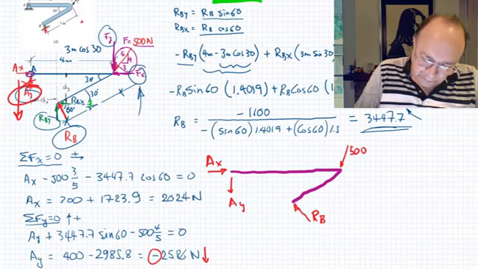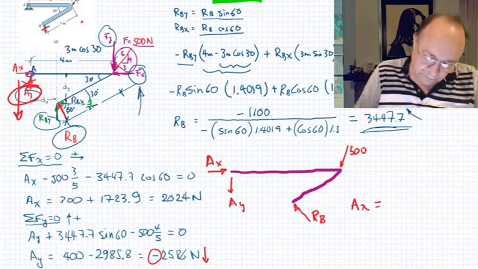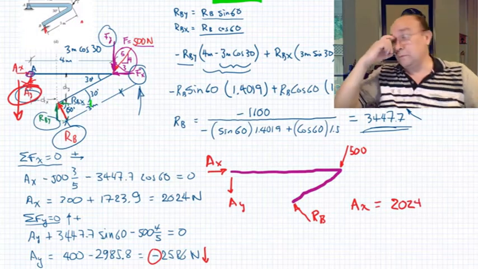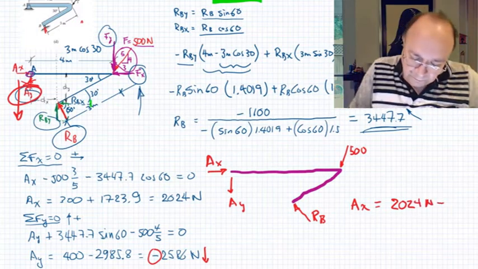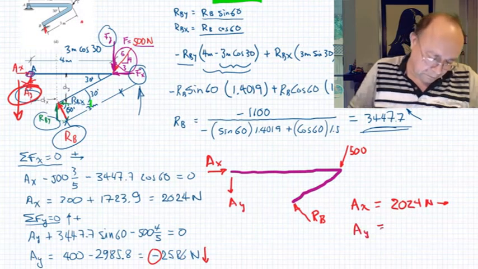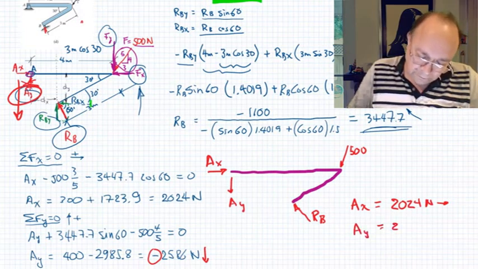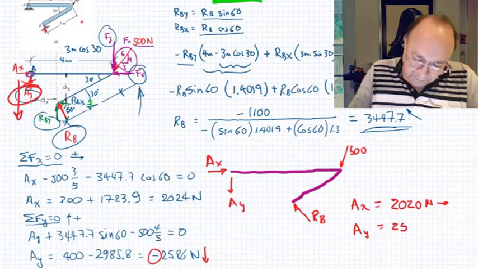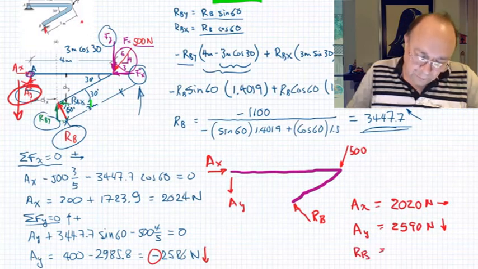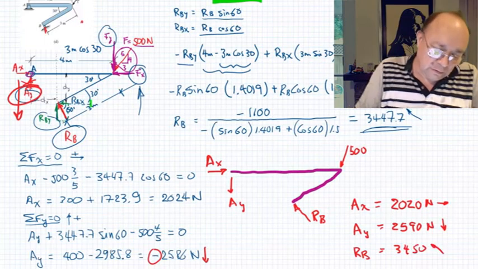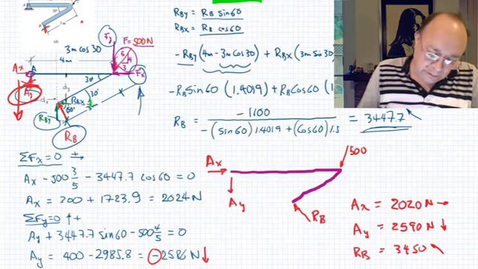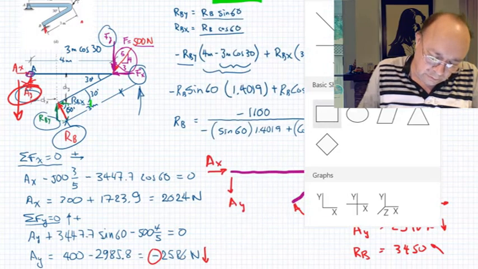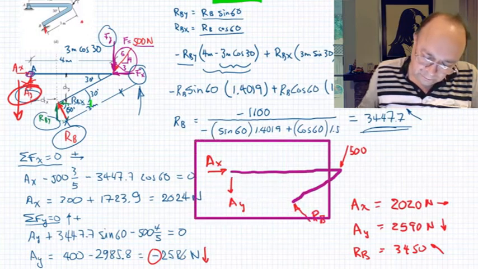So we have Ax equals 2024 going to the right, Ay, let's put it in three significant figures, 2590 newtons going down, and RB 3450 going in this direction. So here we have our nice result here.